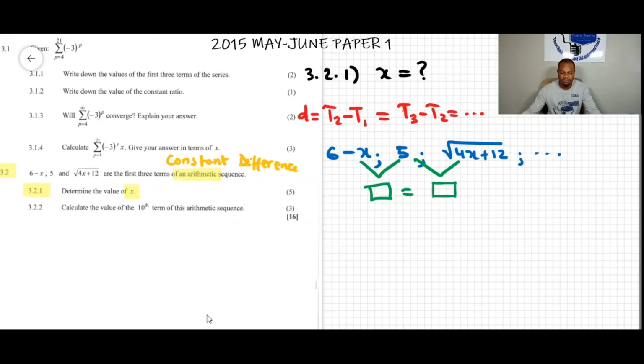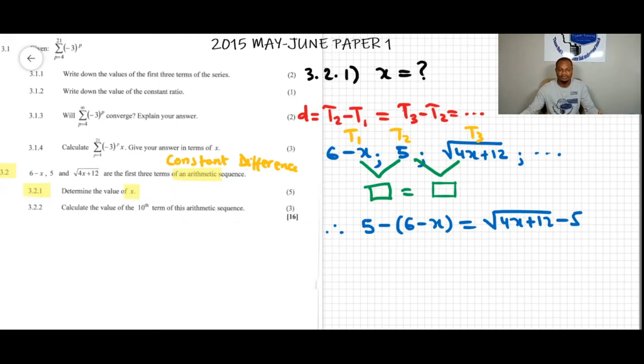It simply implies that, because this is T1, that is T2, and that's T3, it's 5 minus 6 minus x, which will be equal to square root of 4x plus 12 minus 5, because the sequence is an arithmetic sequence.